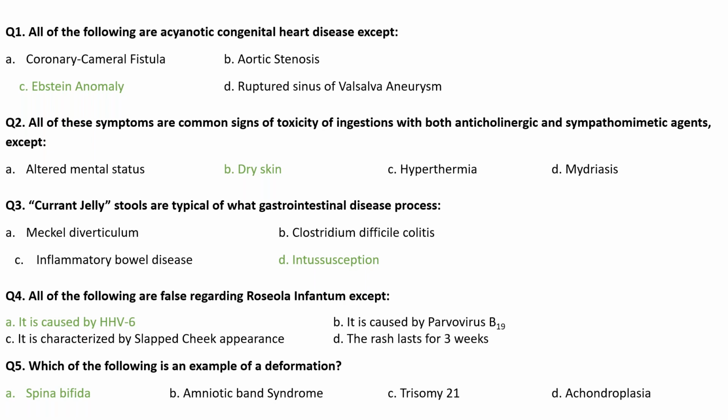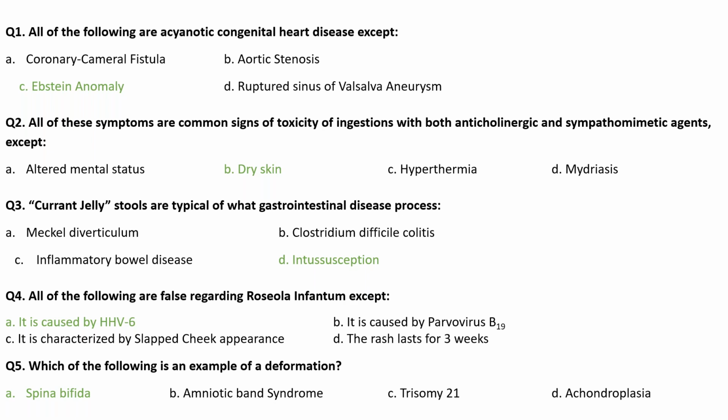Altered mental status is seen in both, hyperthermia and mydriasis are seen in both, but in sympathomimetic we have wet skin, and in anticholinergics we have dry skin. Currant jelly stools are typically seen in, this is a common question, intussusception.